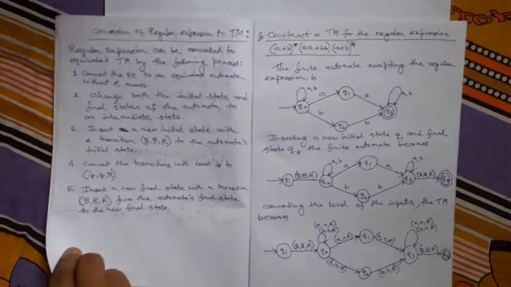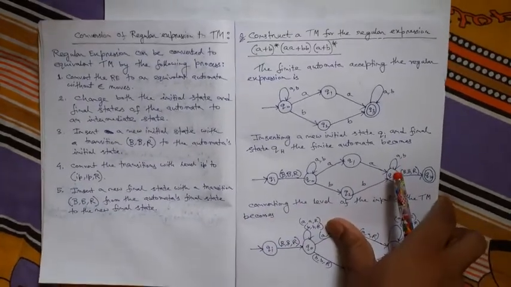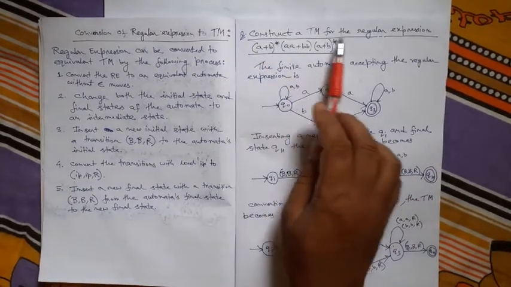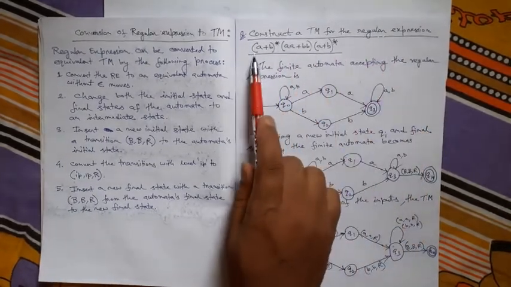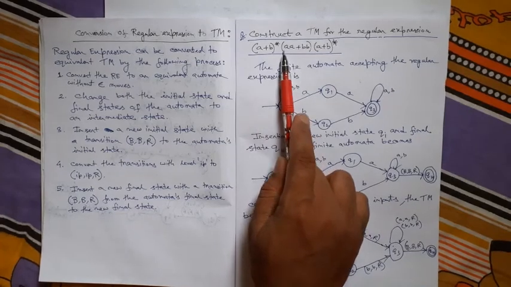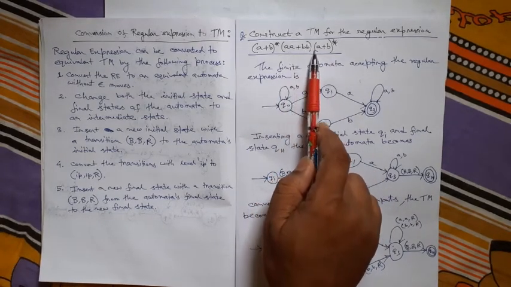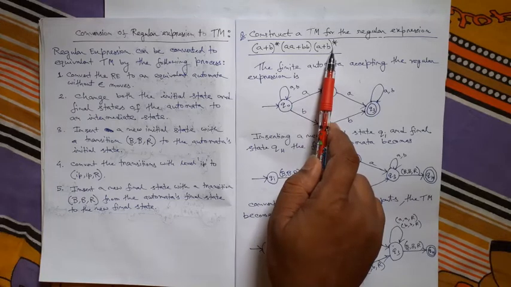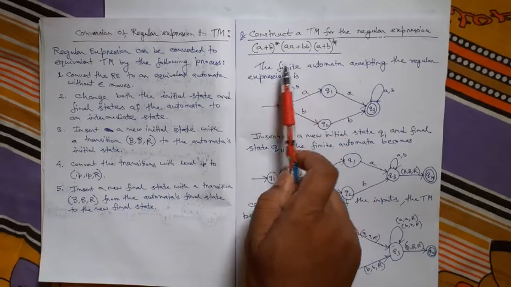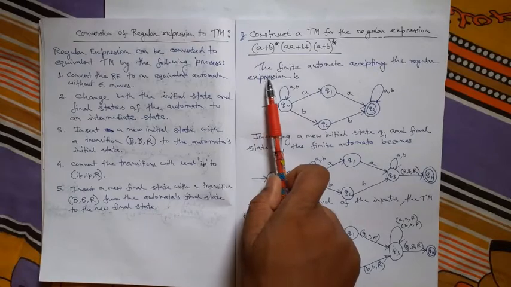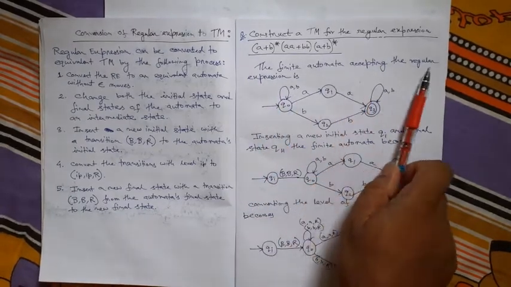So what was the example? The question was to construct a Turing machine for the regular expression (a+b)*aa+bb(a+b)*. For that, see the finite automata accepting the regular language.